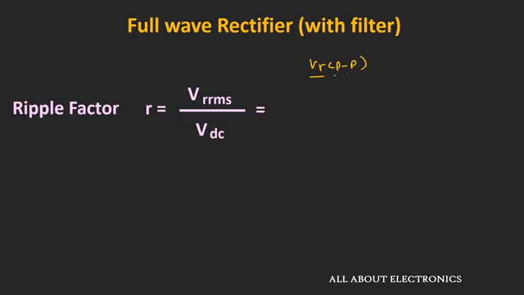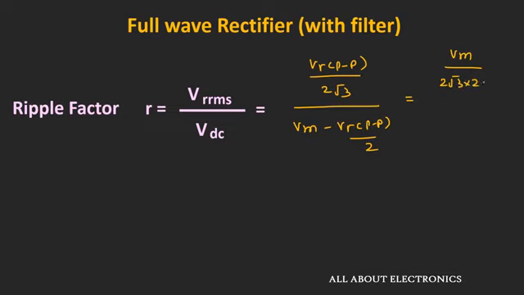So by putting the RMS and the DC value of the waveform, we can write this ripple factor as V ripple peak to peak divided by 2 root 3, divided by Vm minus V ripple peak to peak by 2. And if we put the value of the peak to peak ripple for the full wave rectifier, then the ripple factor can be expressed as Vm divided by 2 root 3 times 2 times F times RC, divided by Vm minus Vm divided by 2 times FRC.